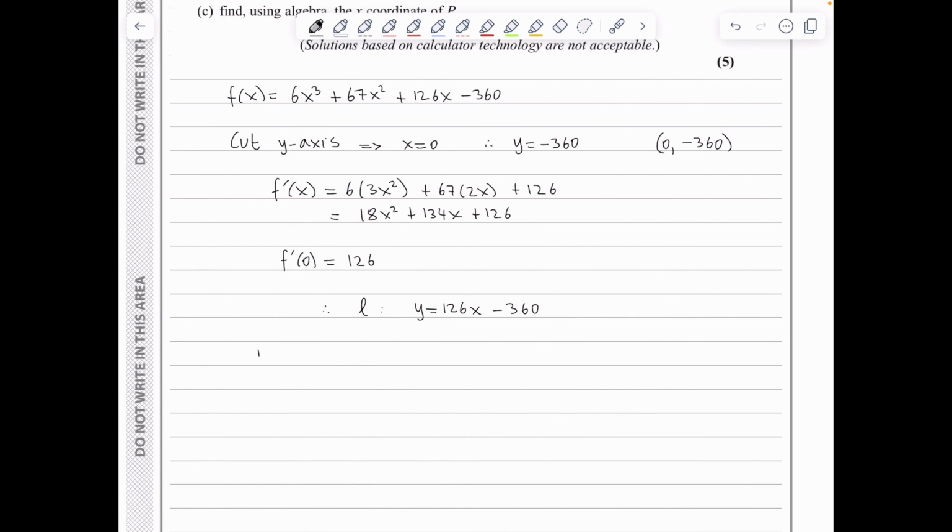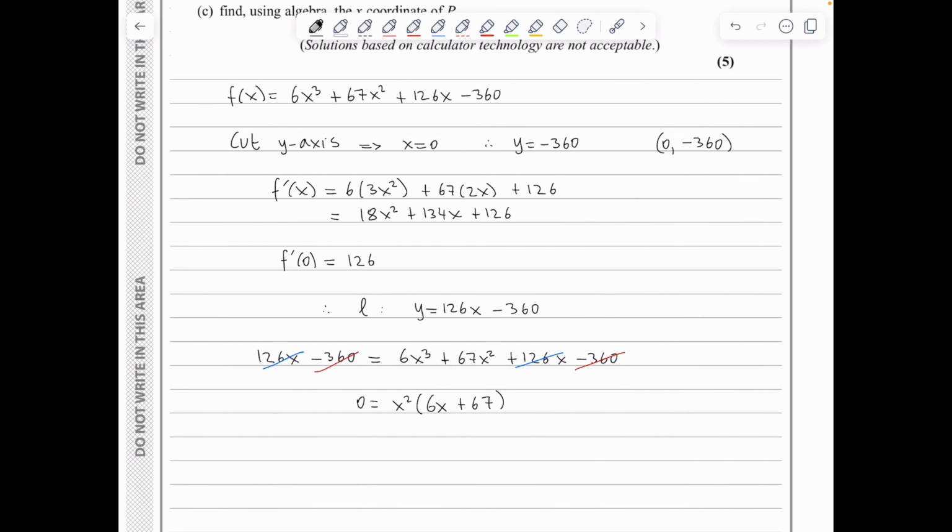We get 126x minus 360 is equal to 6x cubed plus 67x squared plus 126x minus 360. Lucky us, the minus 360 cancels out, and so does the 126x. We notice that we've got a common factor of x squared, so we've got x squared brackets 6x plus 67.